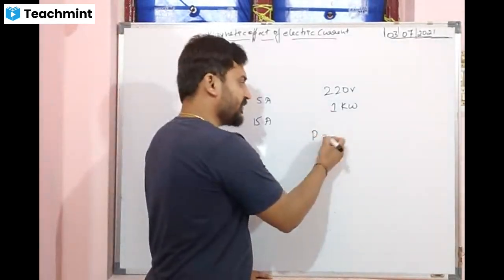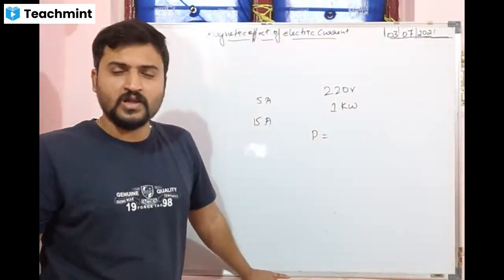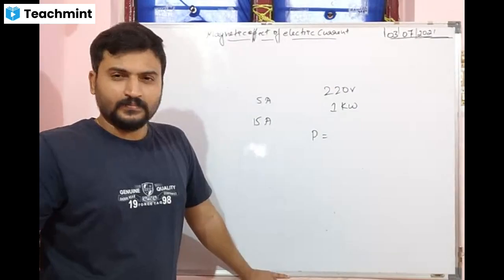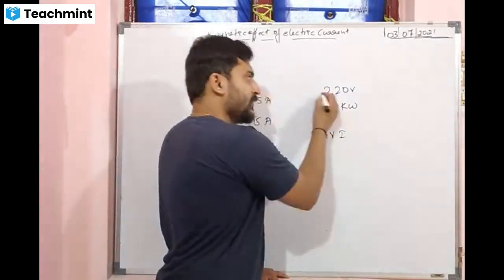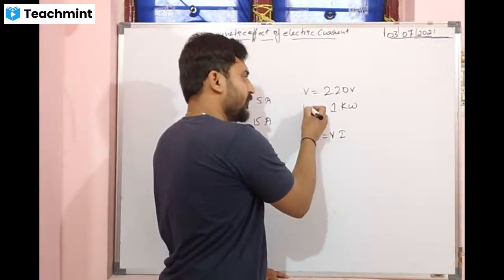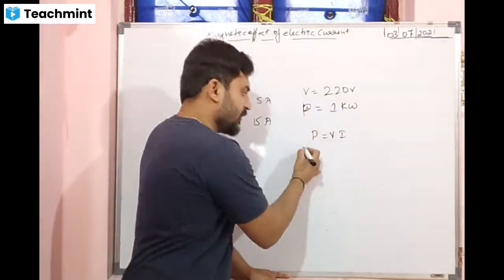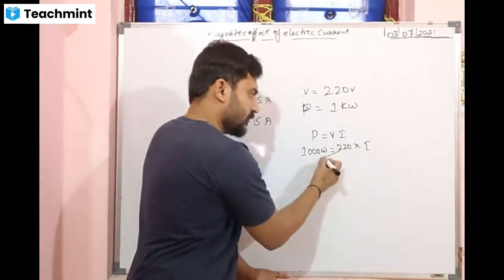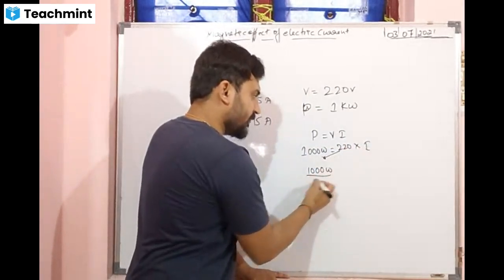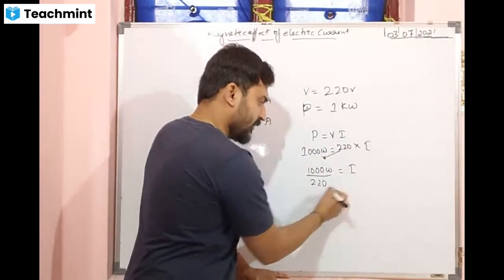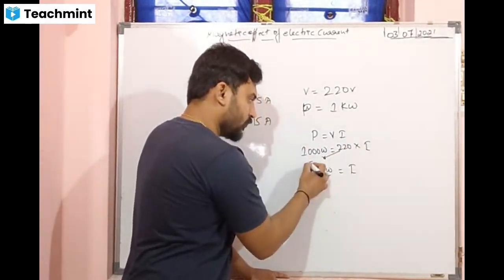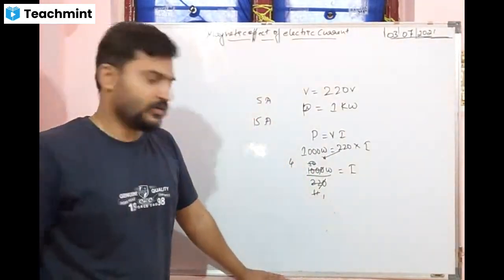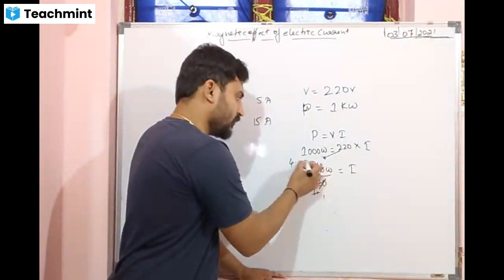So the formula of power is P equal to V into I. This is given V equal to 220, this is given power P equal to 1000 watts. Substitute: 1000 watts is equal to 220 into I. Divide: 1000 watt divided by 220 is equal to I. 220 into 4 is 880, 120 remains.